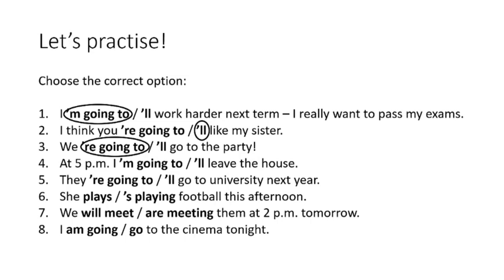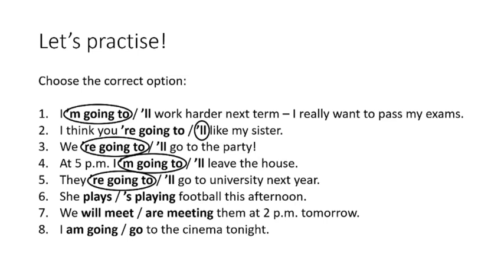At 5 p.m., I am going to, or I will leave the house. So this is my plan. I am going to leave the house. Number 5. They are going to, or they will go to university next year. They are going to go to university next year. This is their intention, their plan.